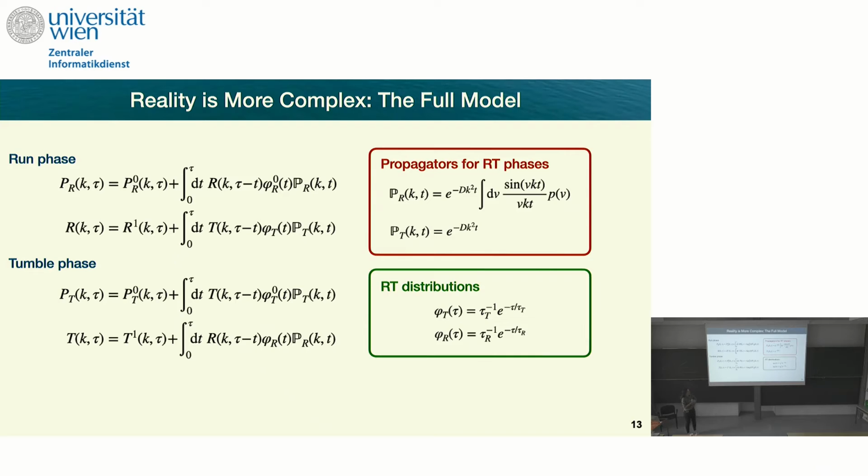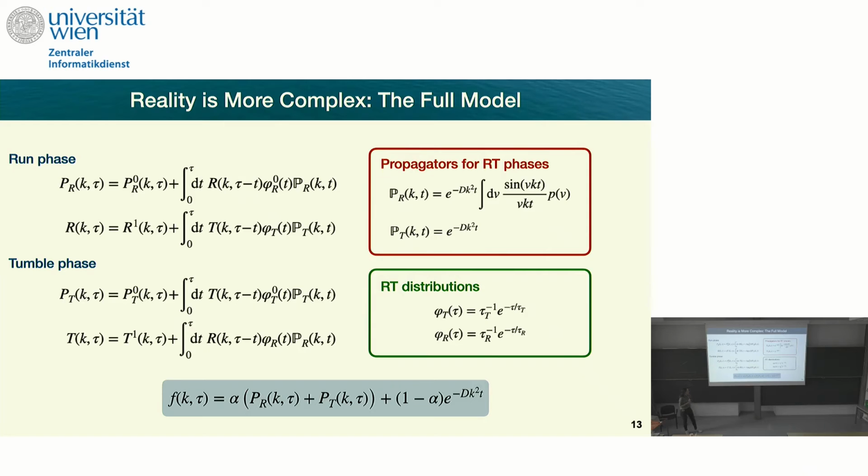And in the passive phase, they are diffusive. And another assumption that we make is that the run and tumbling time distributions are exponential, but I should say that the theory is not restricted to that. It's just restricted to run and tumbling time distributions that have a finite mean run and tumbling time. And so then from that we can compute the full expression of the intermediate scattering function and compare that to experimental results.